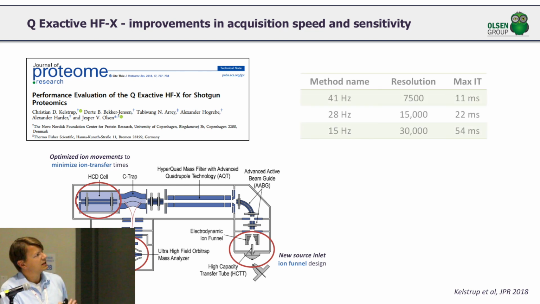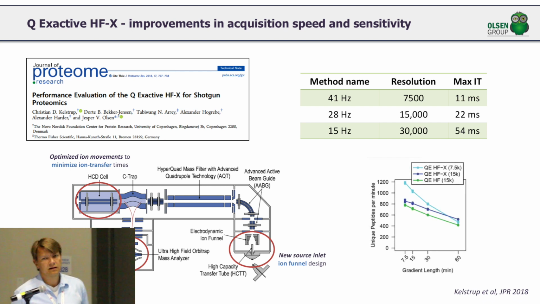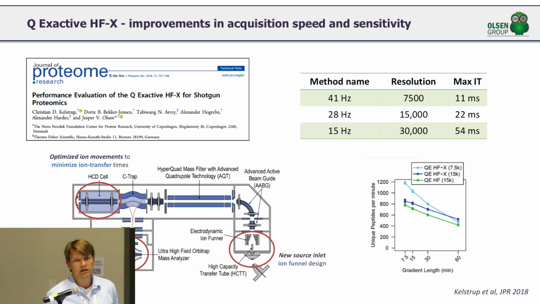That makes a couple of very fast scanning methods available, where we can go with either 41 Hz HCD fragmentation or 28 Hz HCD fragmentation, but also with very low fill times. When we tested this, we realized that these very fast scanning methods work extremely well with short gradients. So when you have short gradients, you can actually achieve more than 1,000 peptide identifications per minute of analysis time using these very fast gradients.